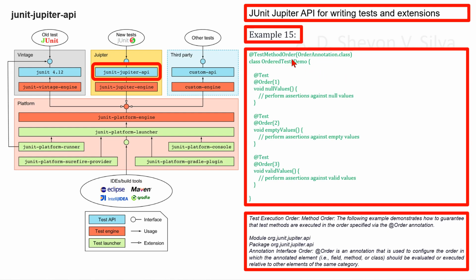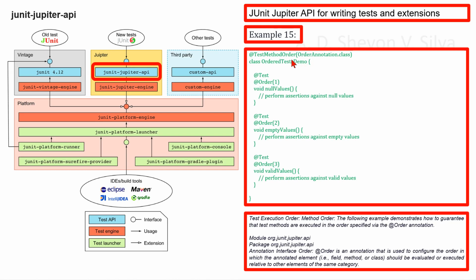MethodOrderer.DisplayName sorts test methods alphanumerically based on their display names. MethodOrderer.MethodName sorts test methods alphanumerically based on their names and formal parameter list. MethodOrderer.OrderAnnotation sorts test methods numerically based on the value specified via the @Order annotation.